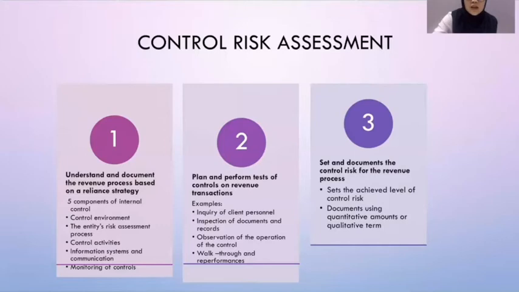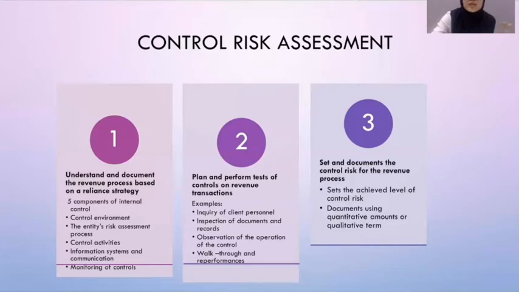And the last step is to set and document the control risks for the revenue process. After all the tests of controls are completed, the auditor needs to set the achieved level of control risk according to their plan.